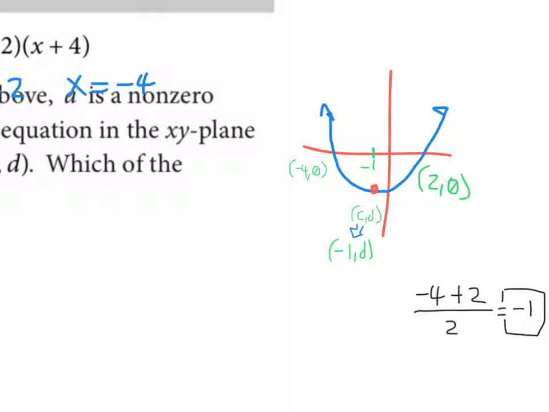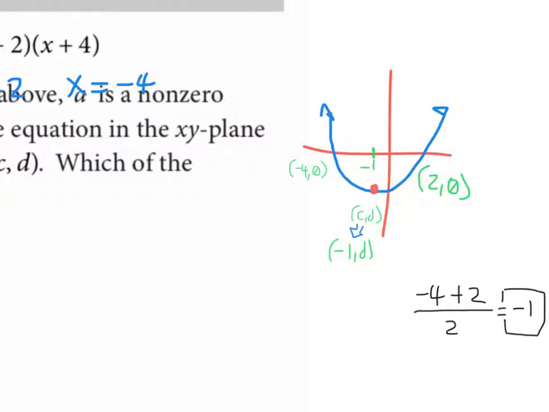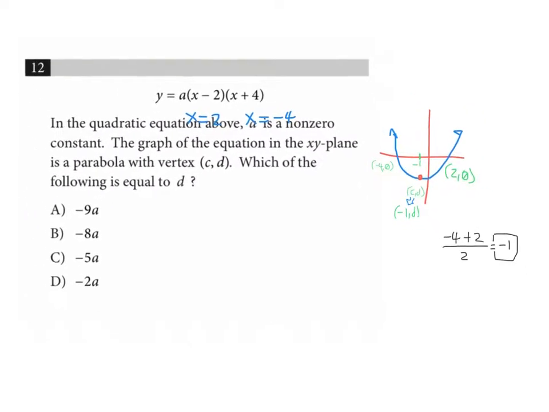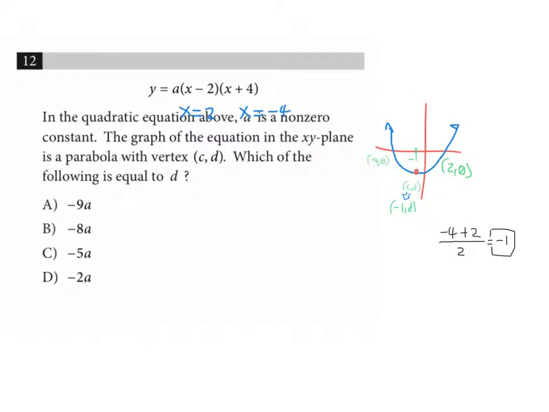So to find the midpoint between two x values, you add the x values and divide by 2. So that's how I know that at least the x-coordinate of the vertex is -1, which corresponds with C. So in other words, C is definitely -1.